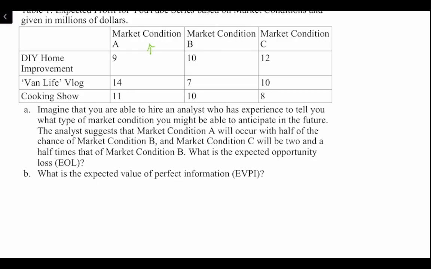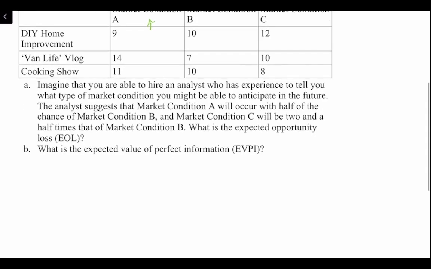So let's just start with what the question has told us. So the analyst has said that market condition A will occur with half of the chance of market condition B. So the probability of market A is equal to 1/2 of the probability of market B, right?